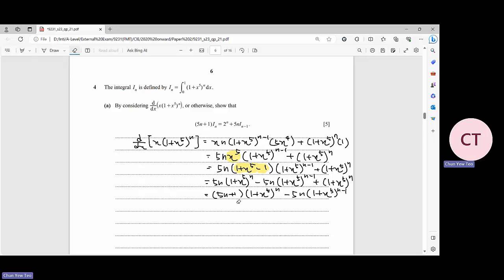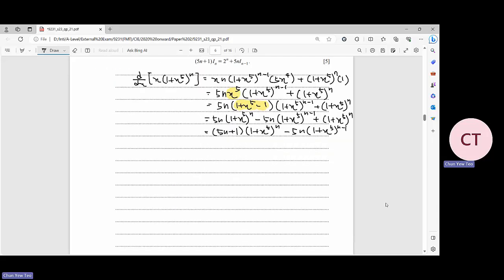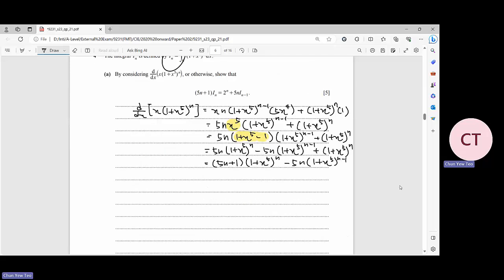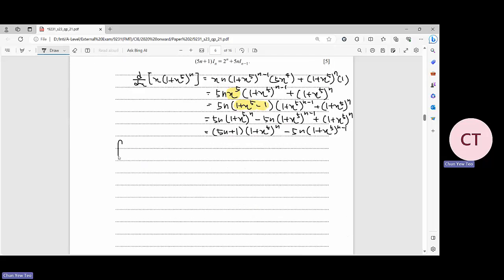Okay, so this kind of trick is quite common when you solve the reduction formula. So over here, now you want to integrate, because in order to get In, you need to have integrations. So we need to integrate both sides.